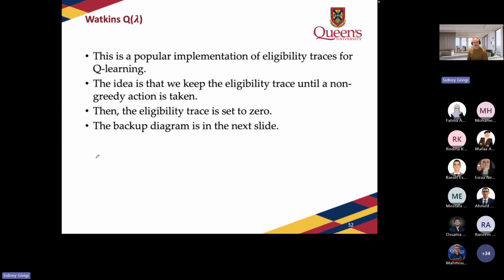This is a very popular implementation. The idea here is that when we take a non-greedy action, we are going to restart the eligibility trace. The reason that we do this is because we are not following the policy any longer, and therefore this is going to be a problem.